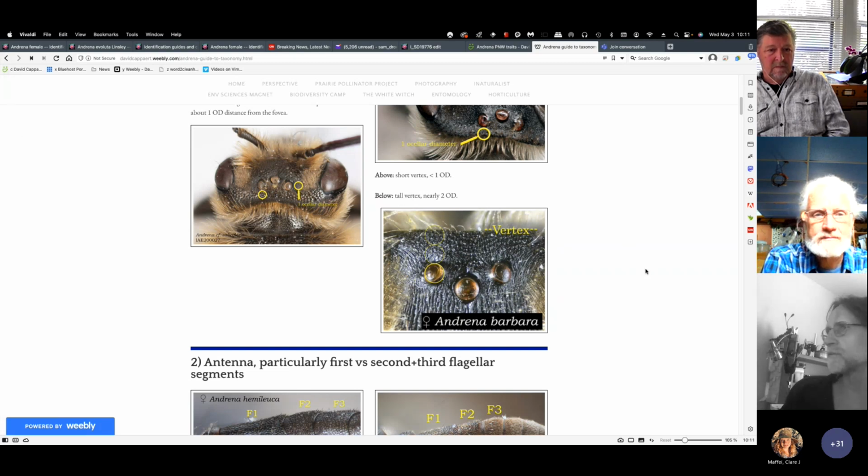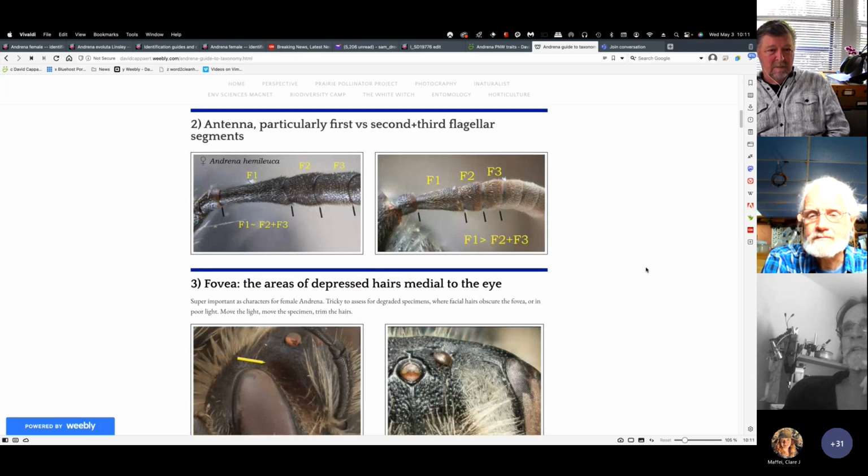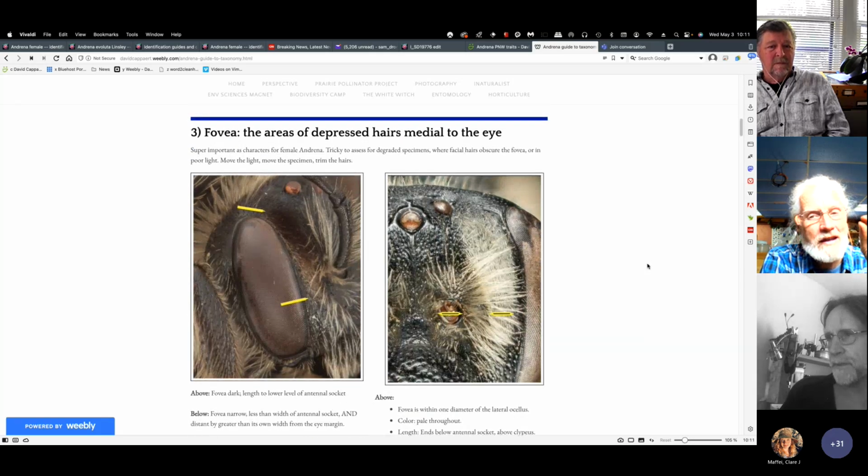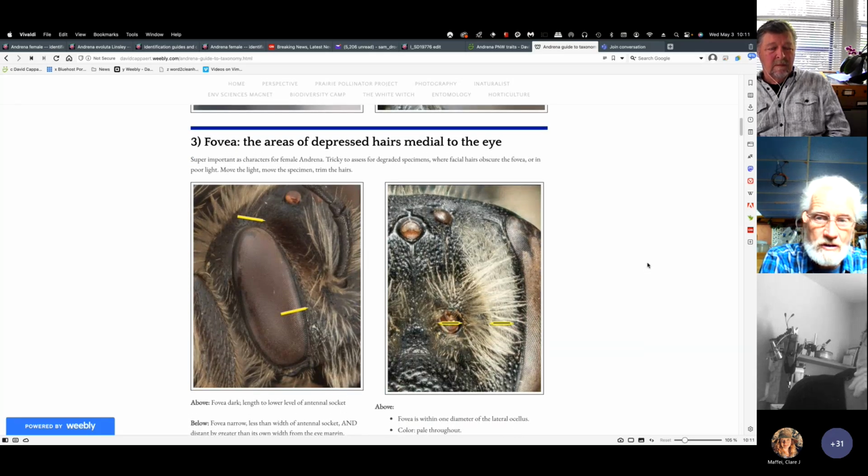And that's just the eternal challenge of doing a key like this. But I'll point out that if you chose conservatively and you ended up at an answer, your confidence would probably be higher on the answer. Right. And with an interactive key, you've got so many different lines of evidence that you're a little bit protected from that. I have a number of pictures of fovea.